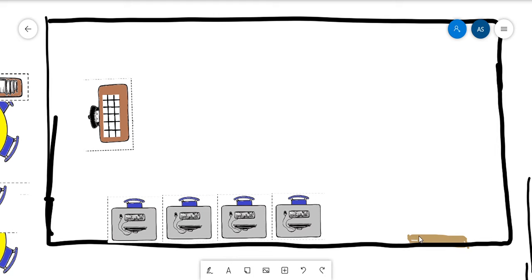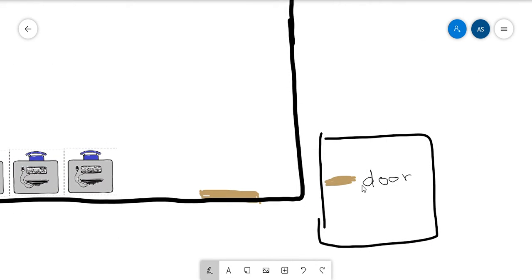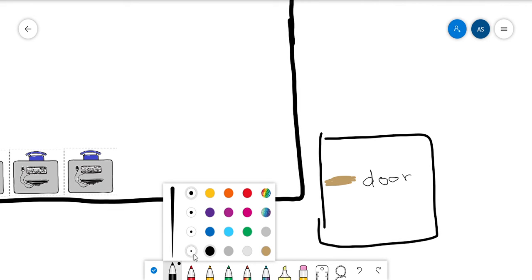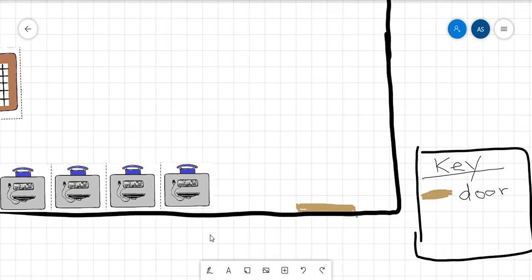This is the door to our classroom, and I put that on the key, which I wrote yesterday, but somehow it disappeared. So I'm going to write it again. All right, so here's my key. It says that the door is the brown thing, just in case you had any questions about what that is.